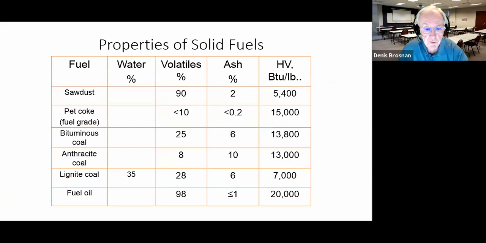Now, here are some properties of the solid fuels that we normally see around ceramic plants, compared to, of course, a liquid fuel oil. Nevertheless, I want to say that these are general properties. It depends on the source of the material, but here are some more values that you can see. Soft coal is about the same calorific value as hard coal, anthracite.